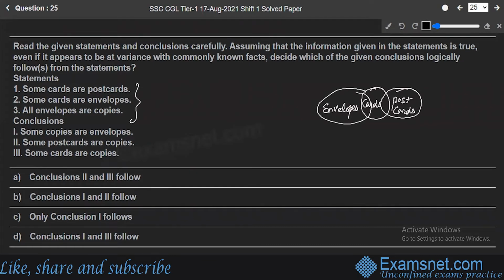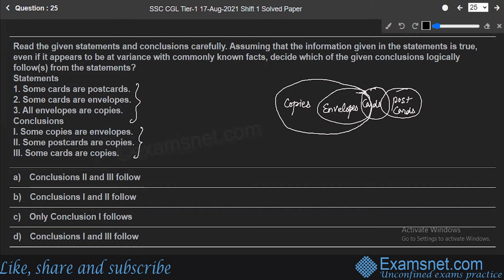Now third says all envelopes are copies. So all envelopes, this will be represented something like this. So all envelopes are copies. Here is copies. So this is the correct representation of the given situation using the Venn diagram, which will help us a lot to check which of the following conclusions is correct or not.